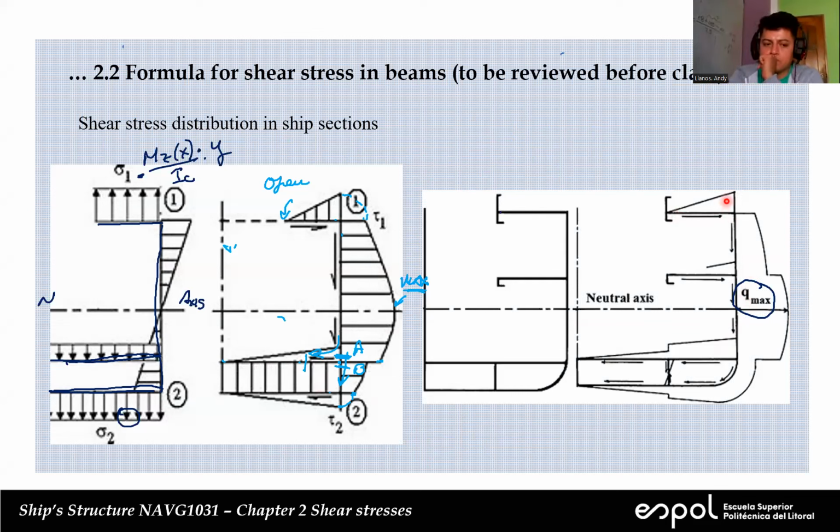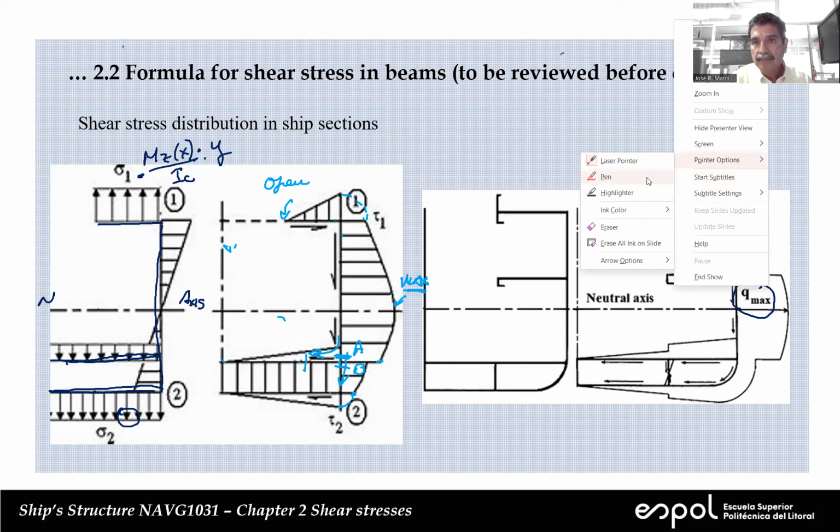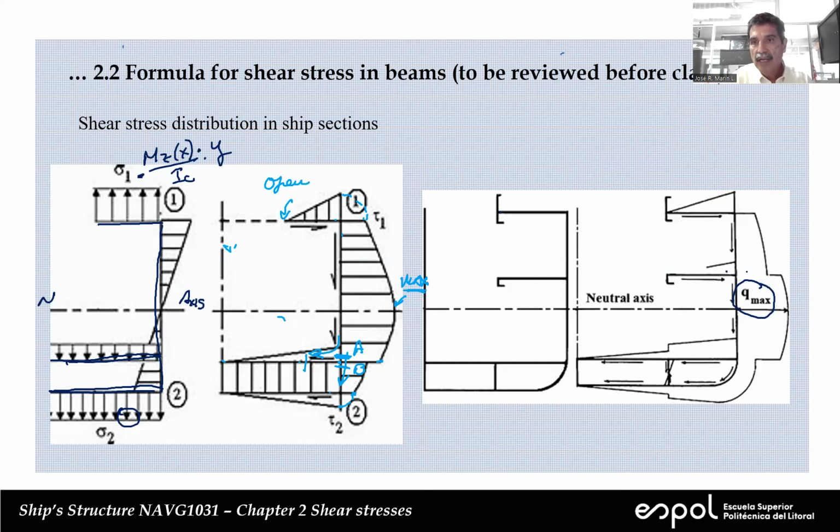So linear, quadratic, and here I have a bifurcation. So we have 0 here and it increases linearly onto here. If you make a cut in here, this is what you obtain.